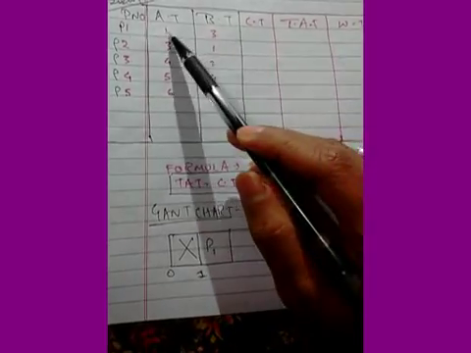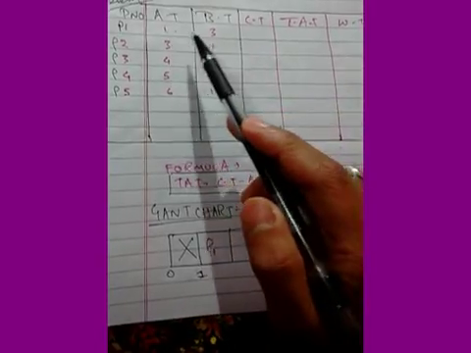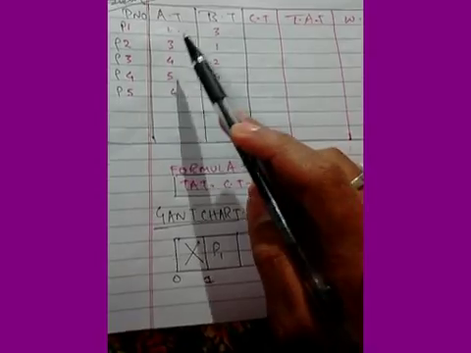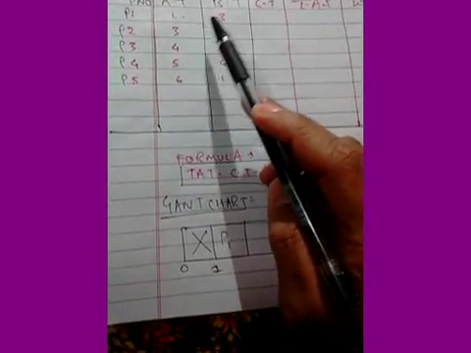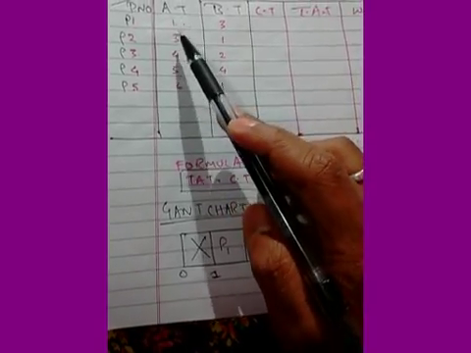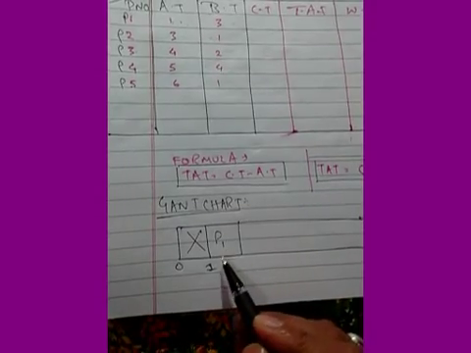Okay, now for how many seconds will we execute this process? Since it's the preemptive version, we execute this process till the next process arrives, and if it has less burst time than the previous one, then we will execute the next process. So after how many seconds does the next process arrive? After 2 seconds. So we'll execute this for 2 seconds more.